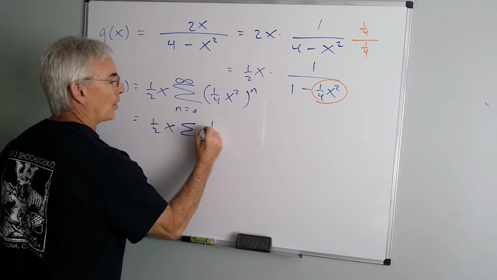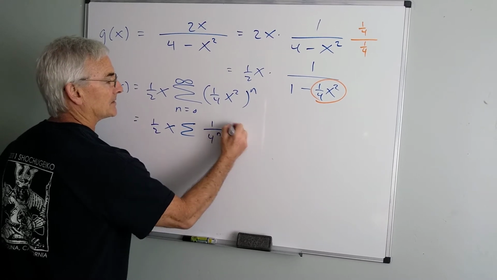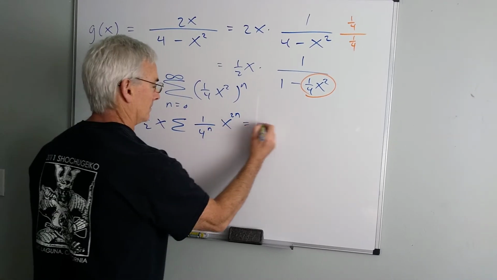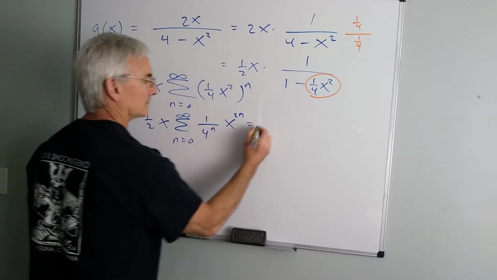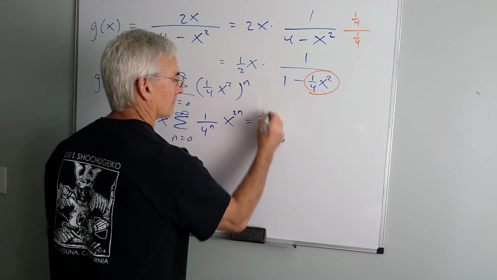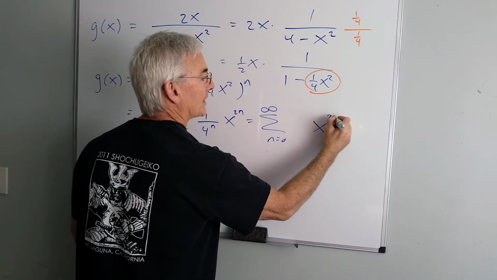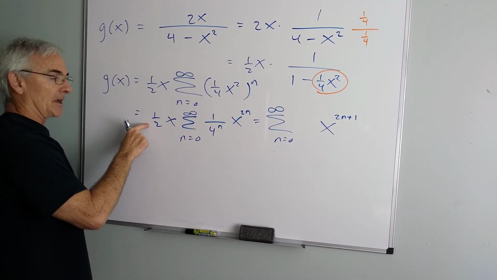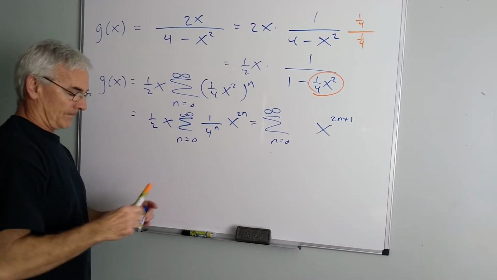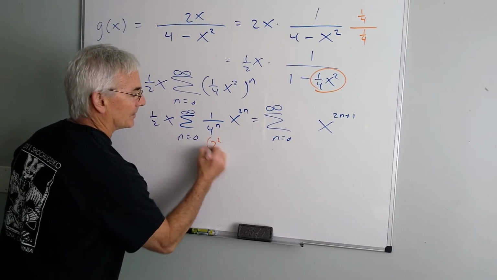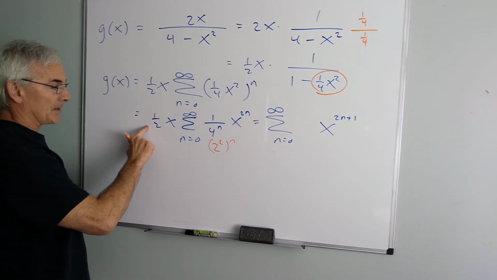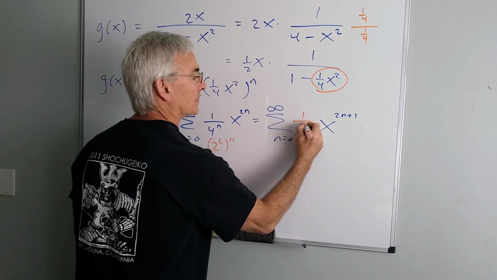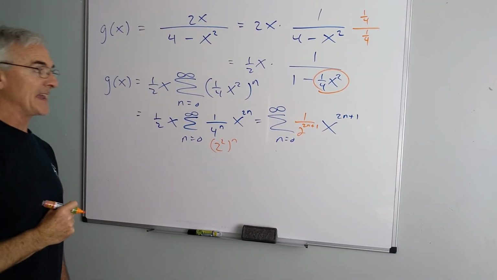This will be 1 over 4 to the n times x to the 2n. I can bring this x inside. So now I'll have x to the 2n plus 1. Now, the question is what to do with the 1/2. I can leave it on the outside, or I can change 4 to 2 squared to the n. And if I do that, then I can multiply this 2 in there as 1 over 2 to the 2n plus 1. And now we have our power series.